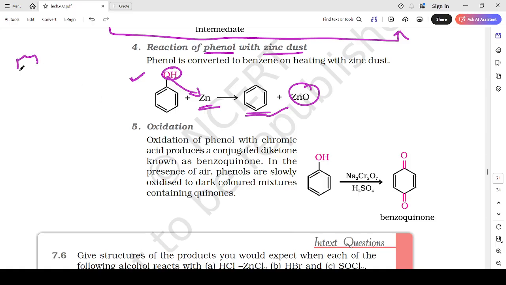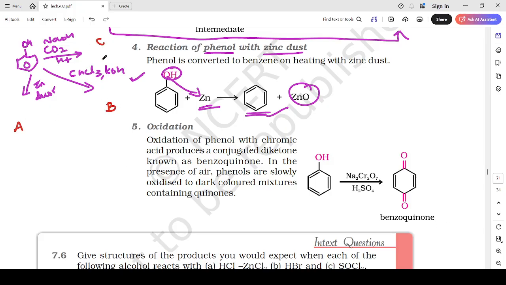Let's do a conversion here. Give me the products. A is benzene.